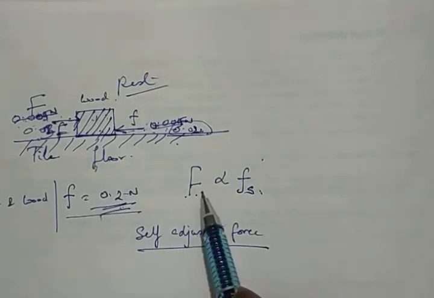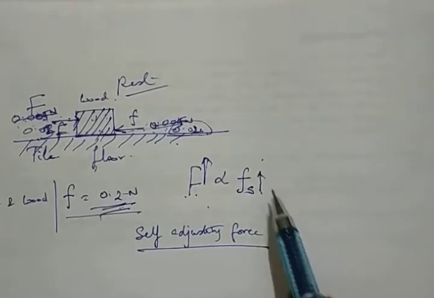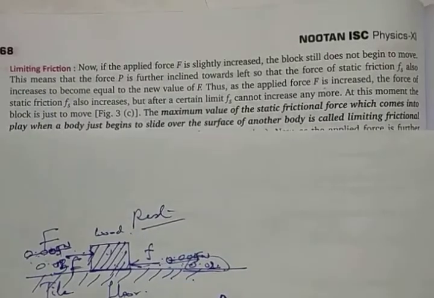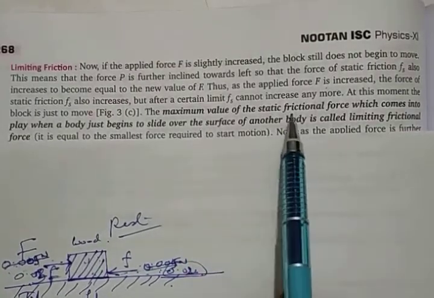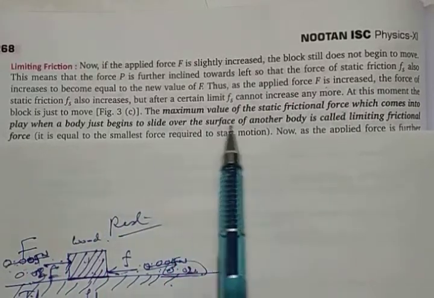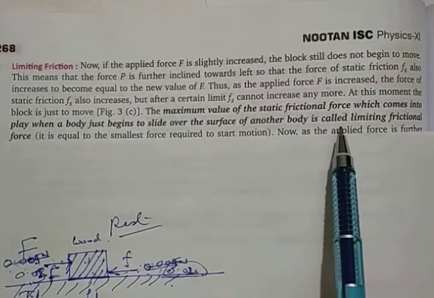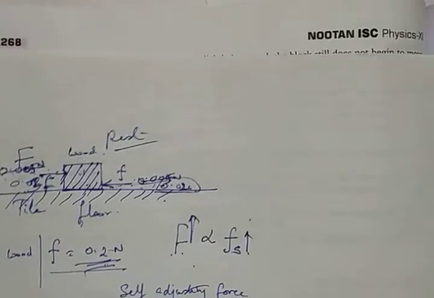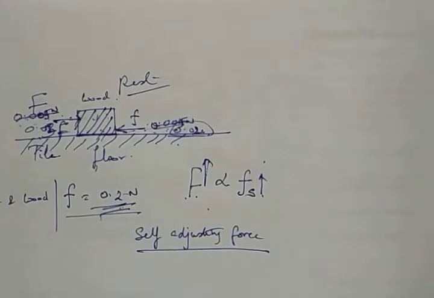External force is increasing and this is also slowly increasing. So there is a time when the frictional force reaches the maximum value. Now look at this one: the maximum value of the static frictional force, which comes into play when a body just begins to slide over the surface of another body, is called limiting frictional force. So now we are talking about two frictional forces.